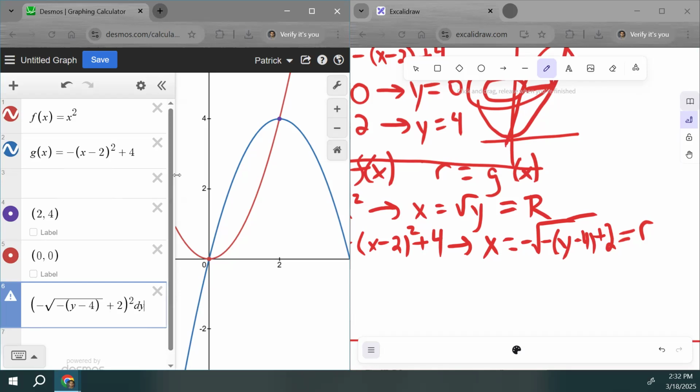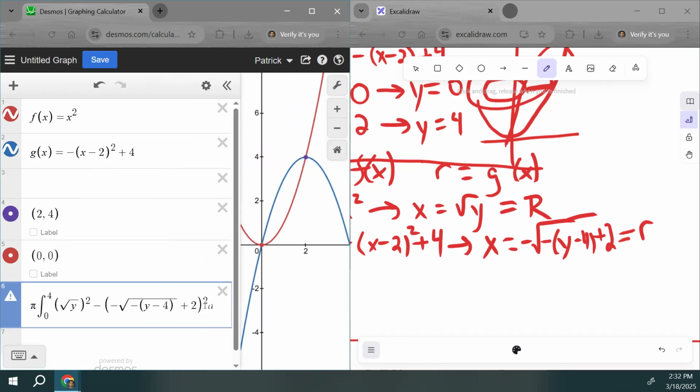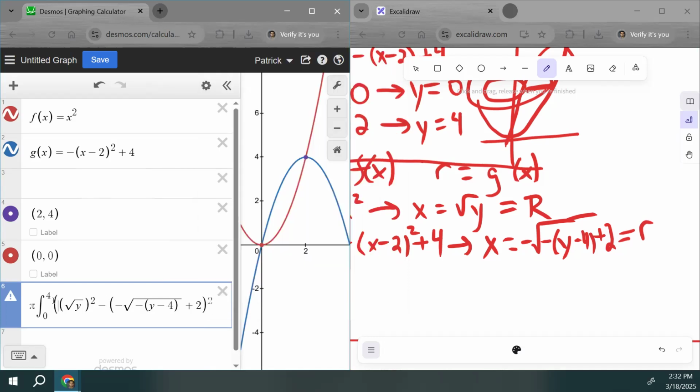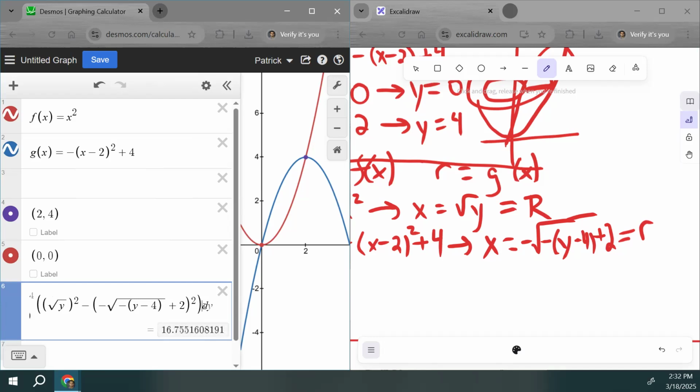Now the problem is we don't have parentheses here, and we're going to need to close the integral here.